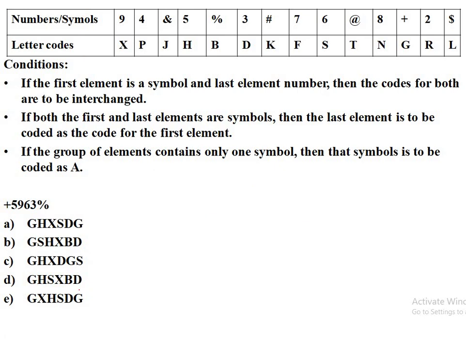Again, table and condition remain the same. A new question. That's it. If both the first and last elements are symbols, then the elements have to be coded as the first element. So, here, as I am seeing, in the provided question, we do have a symbol in the starting and we do have a symbol at the end.